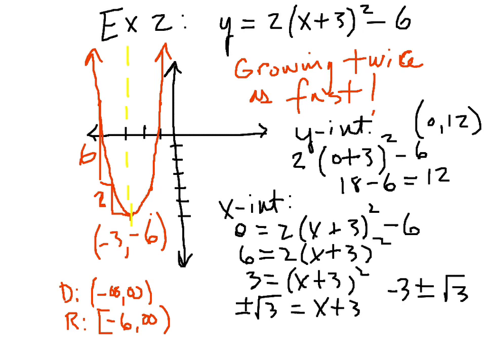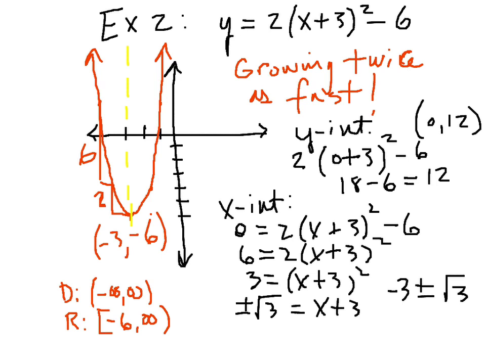In this example, I've put in a vertical stretch, growing twice as fast as the normal parabola. We've shifted 3 this time to the left since it's plus 3, and we've dropped down 6. So the vertex point is here at (-3, -6). You can see the domain and range.